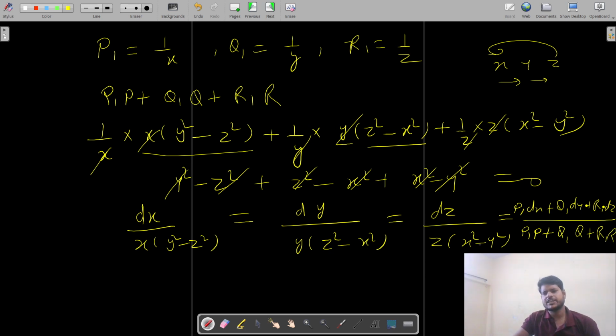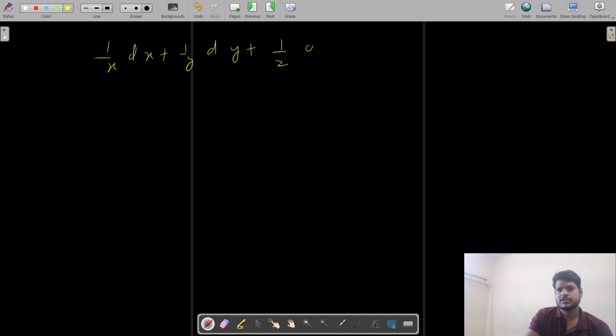Now you can take any expression with this. I am taking here for third and fourth, right? So we have P1, that is 1 upon x dx plus 1 upon y dy plus 1 upon z dz upon 0. This is dz upon what?